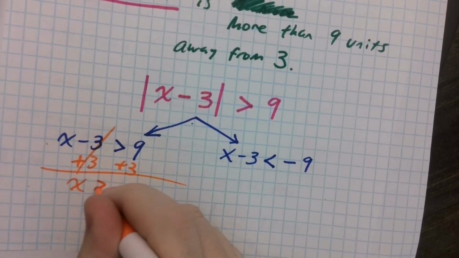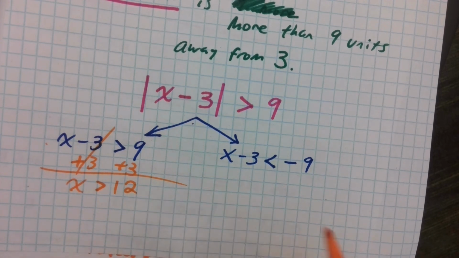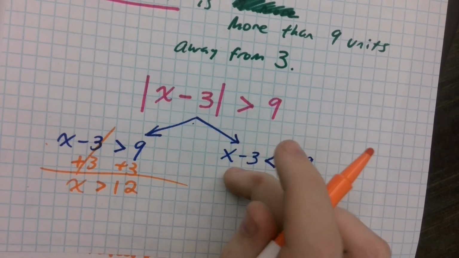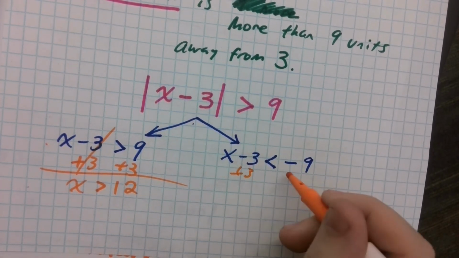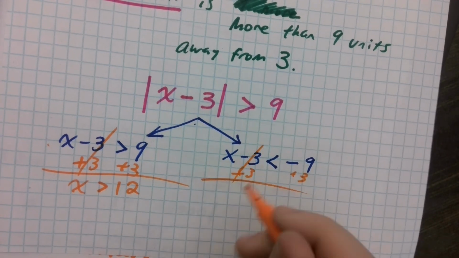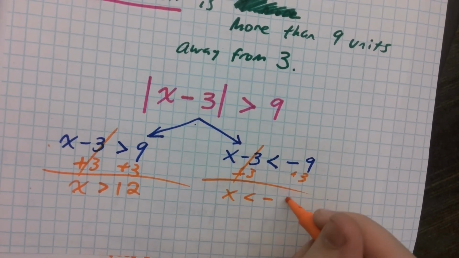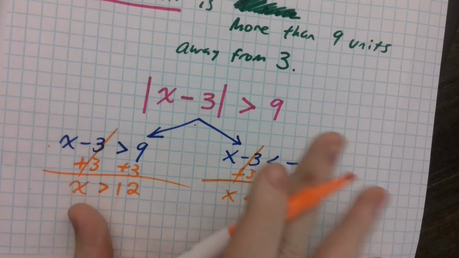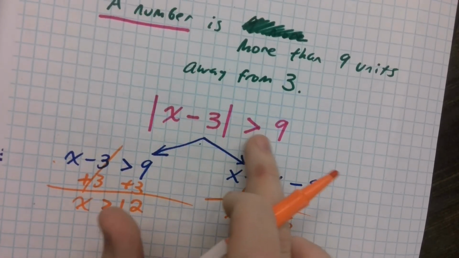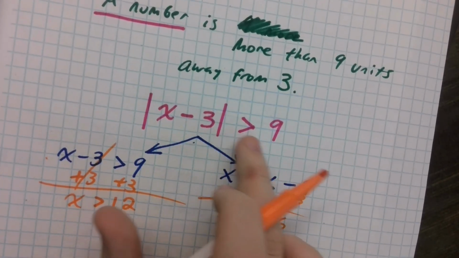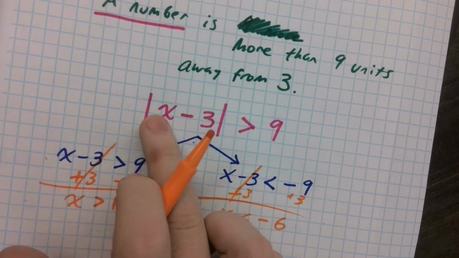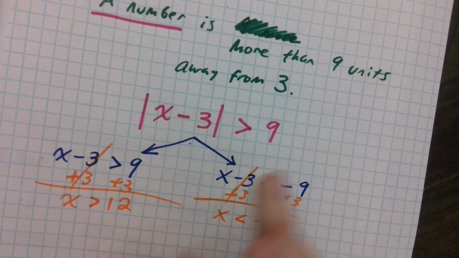We end up with x is greater than 12. We also have, by adding 3 to both sides here, x is less than negative 6. You can tell that it's an OR inequality because we have our absolute value greater than another number.